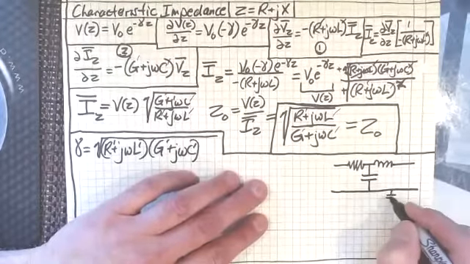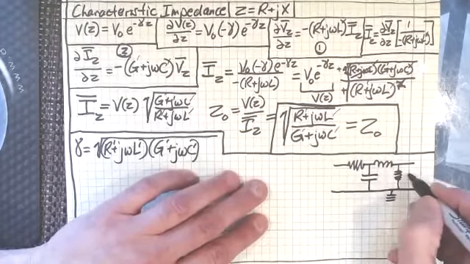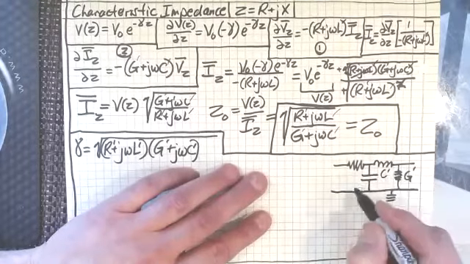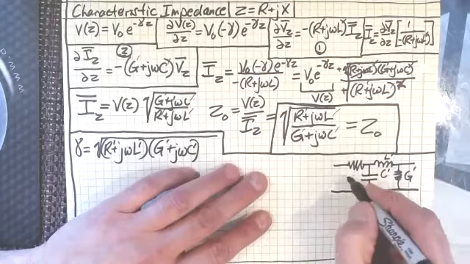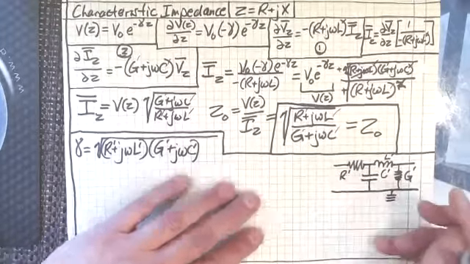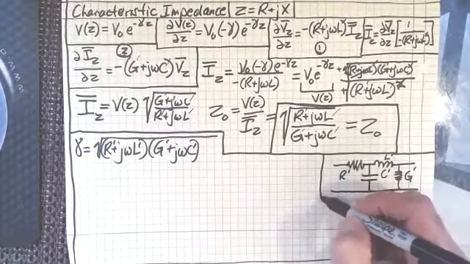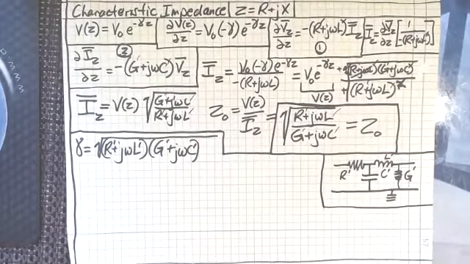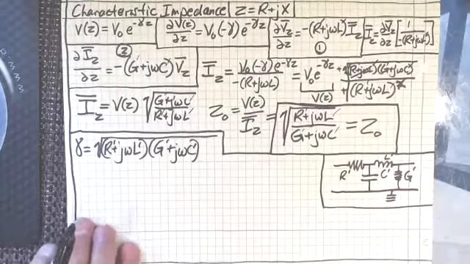And of course, this would be my ground, and this would be my signal, and G is always, everything that we're going to do in this class is always going to be 0, but not R. R prime will not always be 0. So there's my communication circuit, and that's what we're really going to be looking at for the next maybe five lectures or something like that, in a whole variety of different ways.